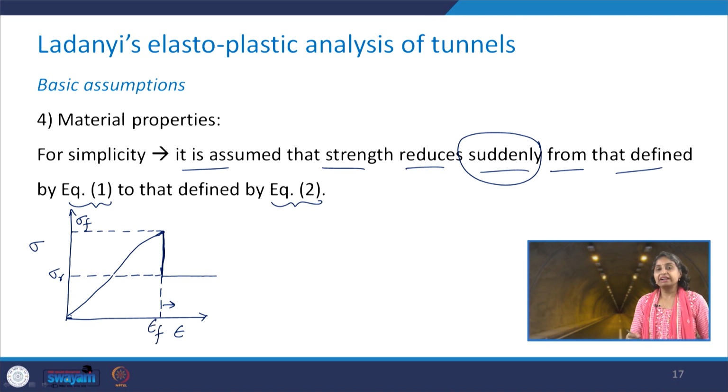But later on, some of the research workers found out that this reduction is not this sudden, but it is gradual. So, they came out with this type of gradual reduction. This was called strain softening.